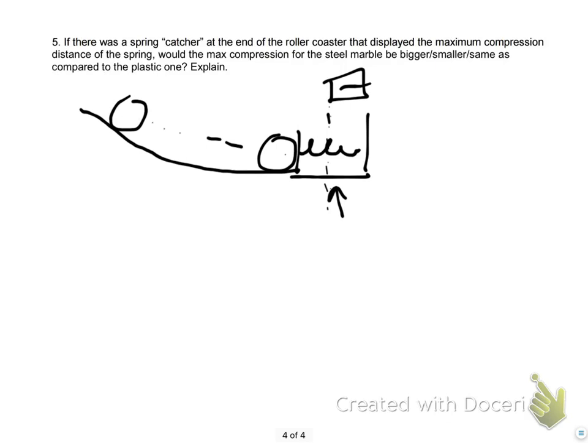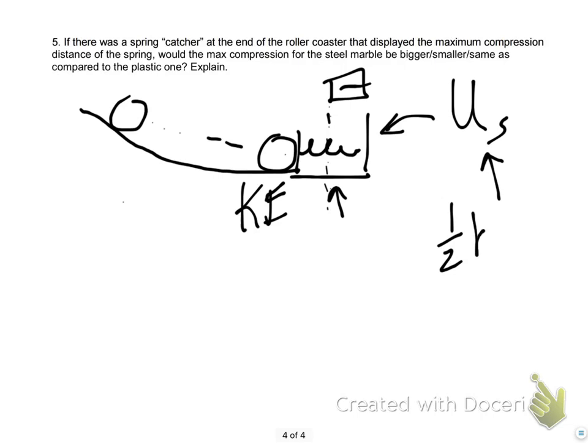Well, let's think about it, right? We have kinetic energy here, and then it's going to compress that spring, which means it's going to turn into potential energy. And this is not gravitational potential, it's going to be elastic potential or spring potential, right? So that spring potential has to do with the compression of the spring, 1/2 kx squared. So x is the compression. So if we completely stop the spring, that means all that kinetic energy would have had to turn into potential energy.